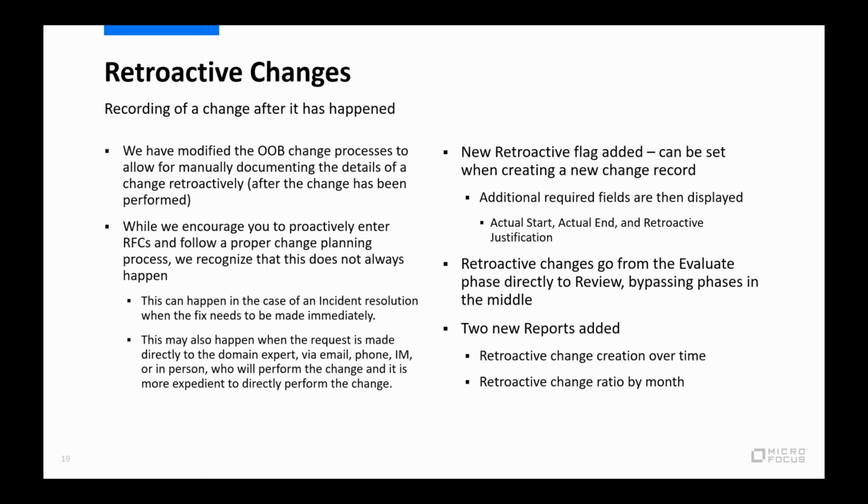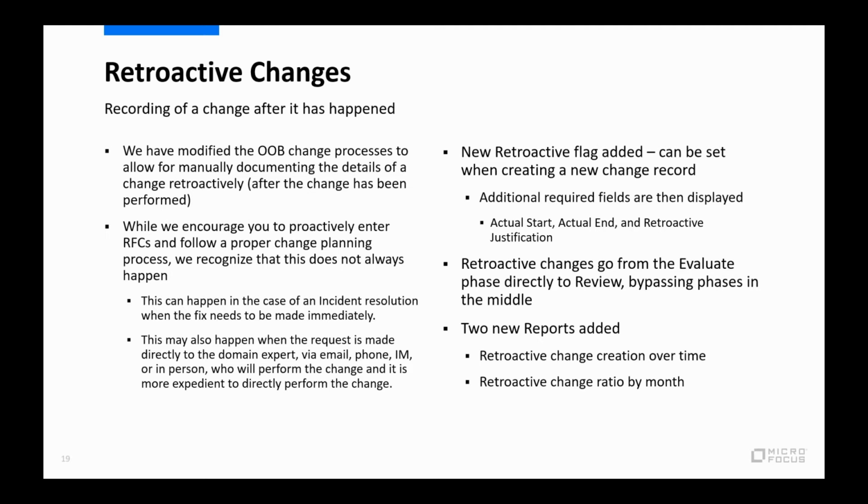So probably the most common one that I hear about is emergency incident resolution, where you have an incident, you want to restore service as quickly as possible. Maybe you get verbal approval or email approval that you can make the change in the environment, and you don't take the time to log the change ahead of making the change.